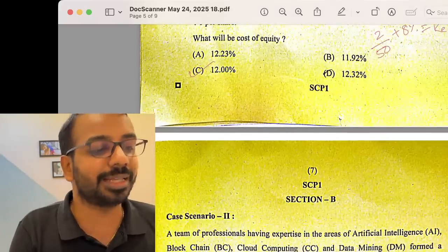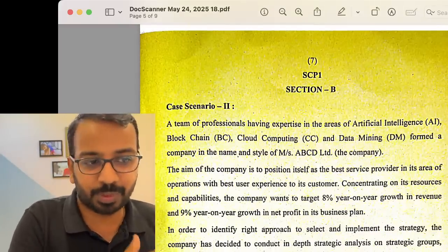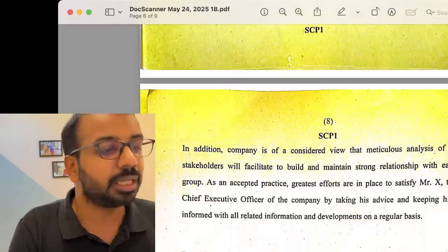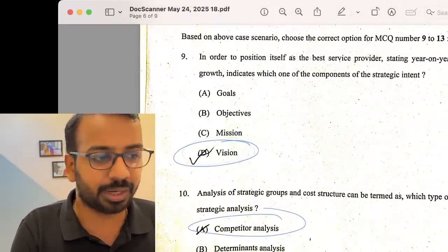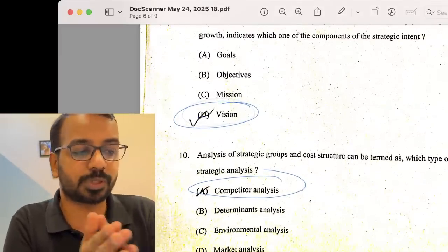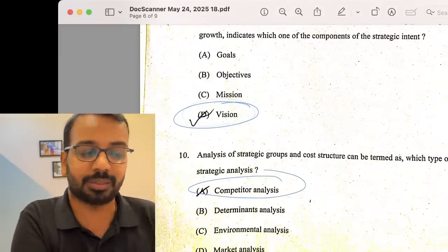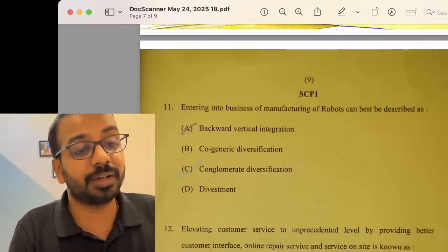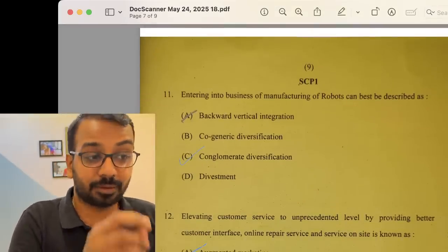Then coming to strategic management. Strategic management was more straightforward; there was nothing very complicated. The first one is a vision statement. Second, analysis of strategic groups and cost structure of the competitors is competitor analysis. Then, entering into manufacturing of robots can be described as diversification.